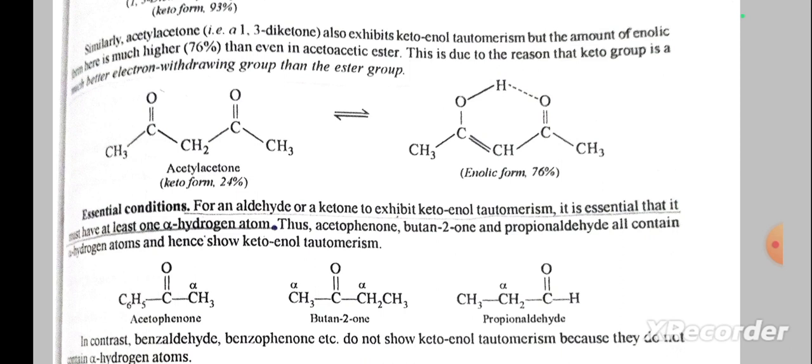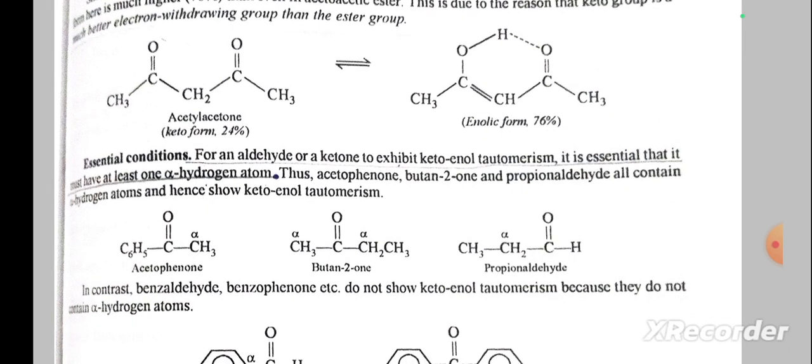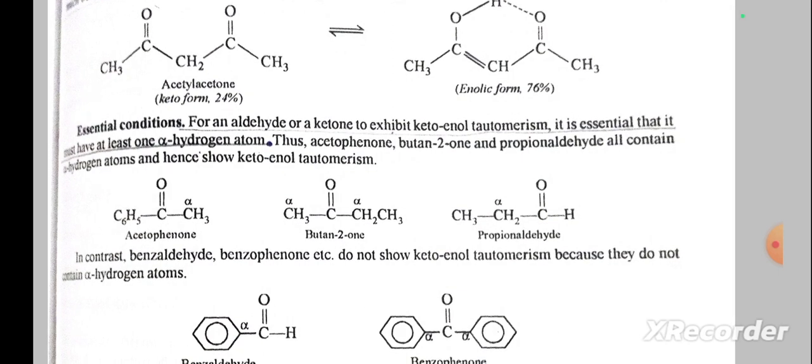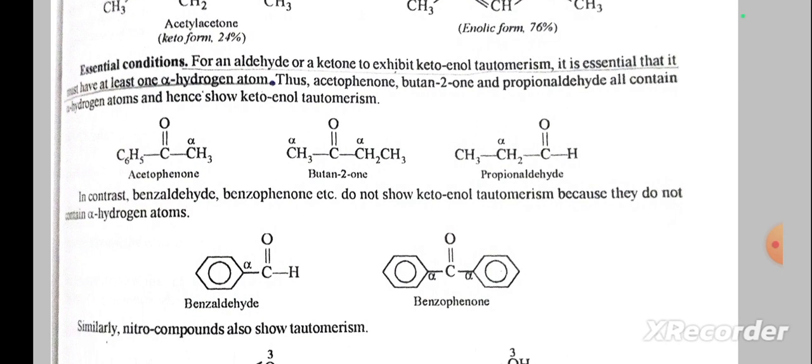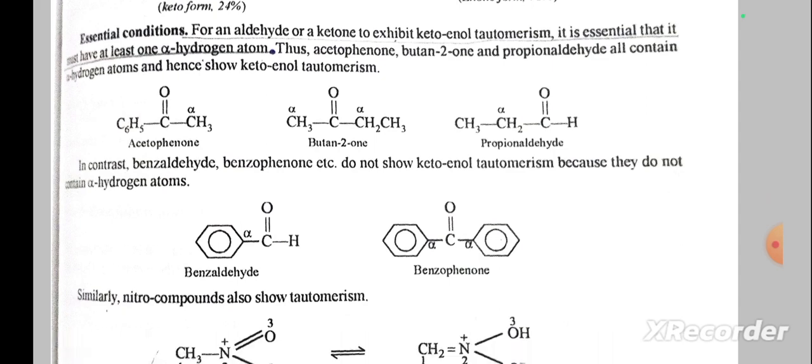Thus acetone, acetophenone, butan-2-one and propanal all contain alpha hydrogen atoms, hence show keto-enol tautomerism. In contrast, benzaldehyde and benzophenone do not show keto-enol tautomerism. They do not contain an alpha hydrogen atom.